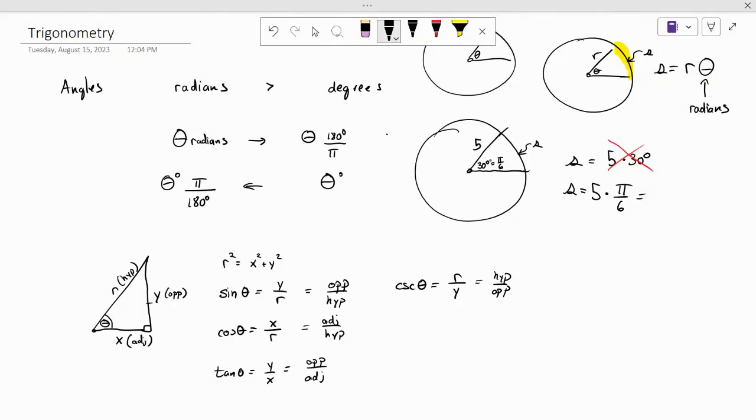The reciprocal of cosine is called secant, without explaining why, which is more fun. And then the reciprocal of tangent is cotangent. Okay, so we know those basic definitions.